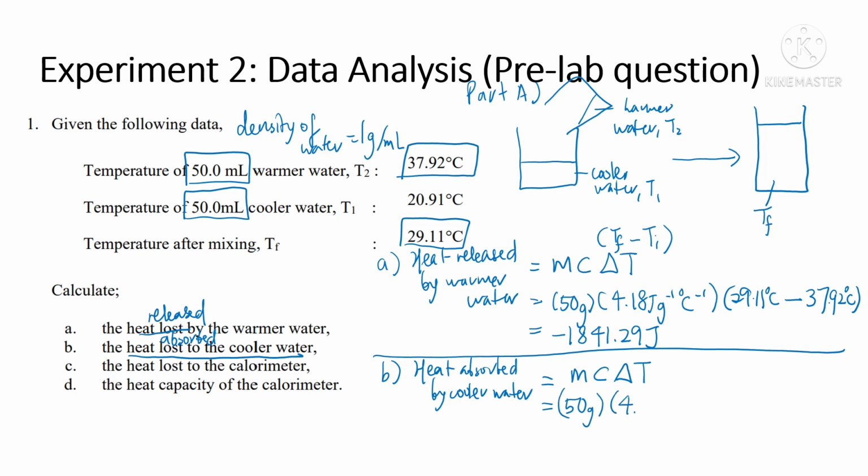The specific heat capacity of water is 4.18 joule per gram per degree Celsius. For change in temperature, again we apply final temperature minus initial temperature. The final temperature is 29.11 degrees Celsius minus the initial temperature of cooler water, 20.91 degrees Celsius, giving us the heat absorbed by cooler water at 1713.8 joule.